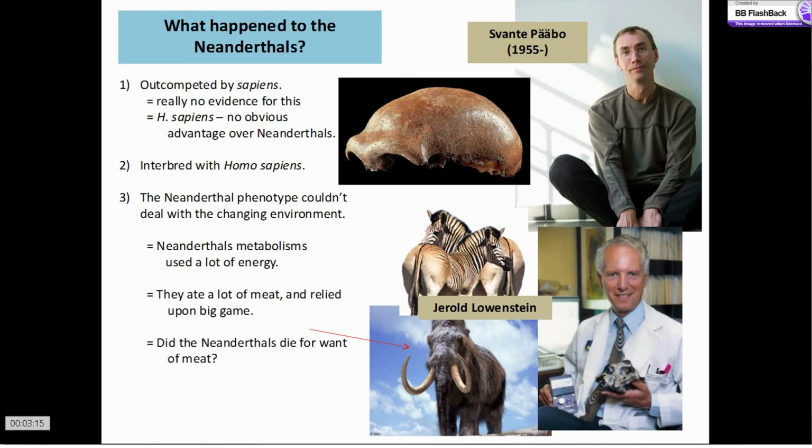They used up a lot of energy hunting and keeping warm in the cold climates for which they were adapted. And in order to maintain their energy, well, think about cold climates. There's not a lot of plant matter that's going to be very nutritious for you in those climates. So actually, Neanderthals had to eat a lot of meat, and they relied upon big game.